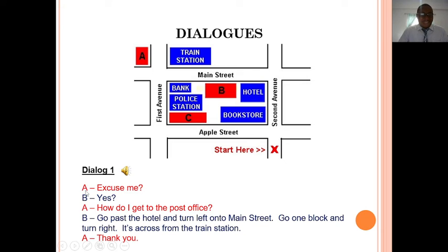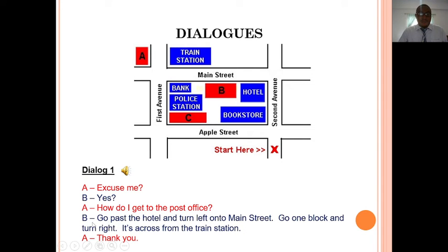Okay, let's start with A. Excuse me. B. Yes. A. How do I get to the post office? So he wants to know how he can get to the post office.